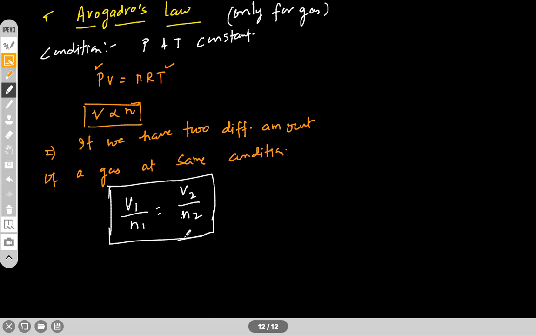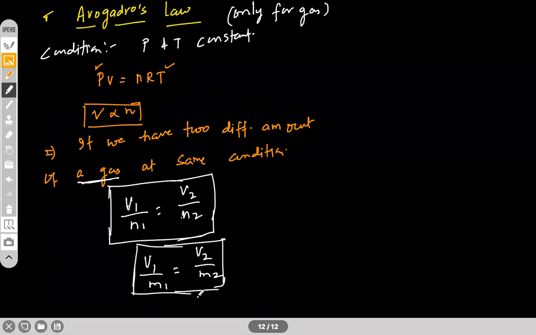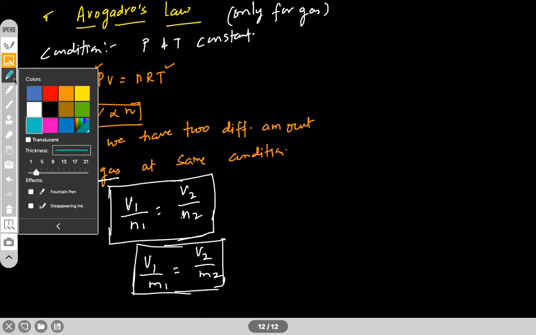Now you see in this one, I have taken the same gas. Keep this in mind. If I have taken the same gas, then we can further write this as V1 by m1 equals V2 by m2, where m1 and m2 are the masses. Because the number of moles, if you convert this into mass, you'll get this relation.